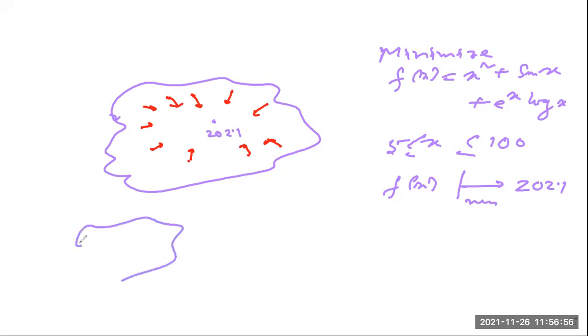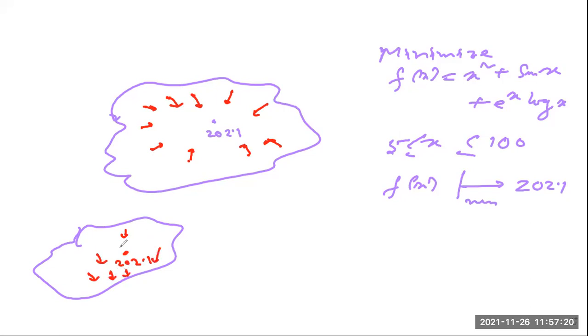In the next step, the same search space, but the movement of the particles is such that this is the actual global value, that is 202.1. But they are moving in a direction in such a way, this is the direction.